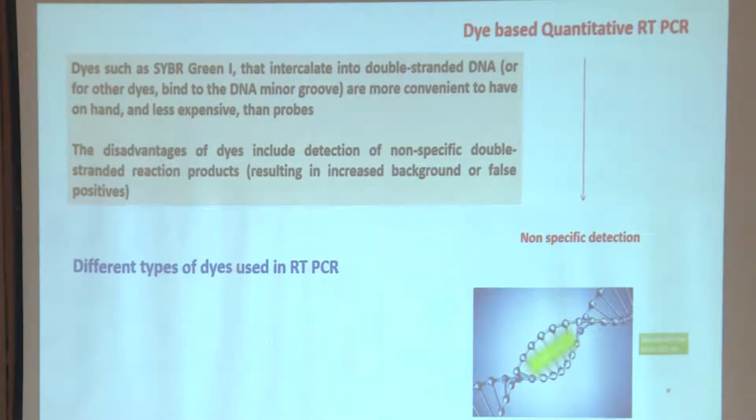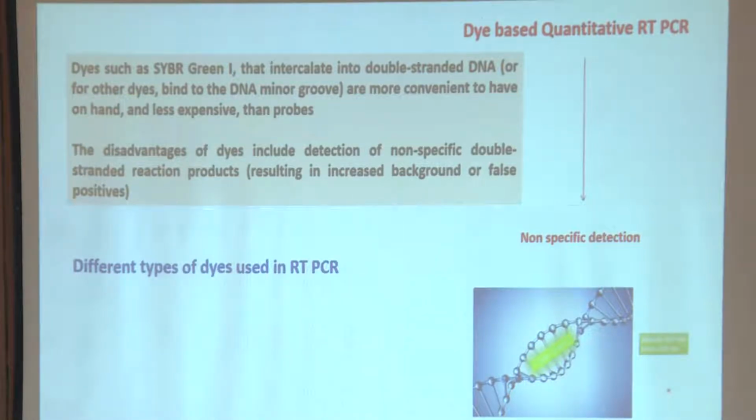The dye based non-specific real time PCR is one of the easiest real time PCR to perform, no complications at all. You have PCR mix plus one extra chemical, that is the detector. All you need to have is a real time PCR machine in your lab. Okay, you can do this real time PCR, right.